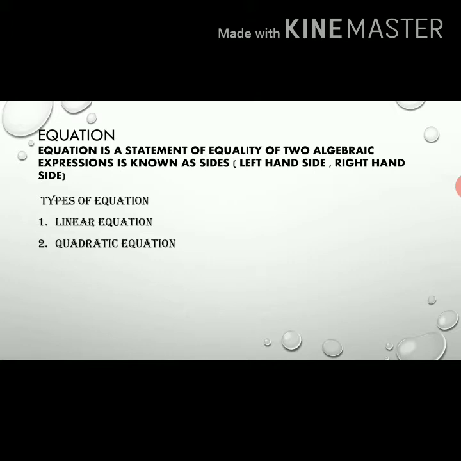An equation is nothing but numbers along with variables expressed in an algebraical manner. You can see the numbers along with some variables, like x and y. That kind of problem we can call an equation. The best example I can give you is 2x plus 3y is equal to 1.